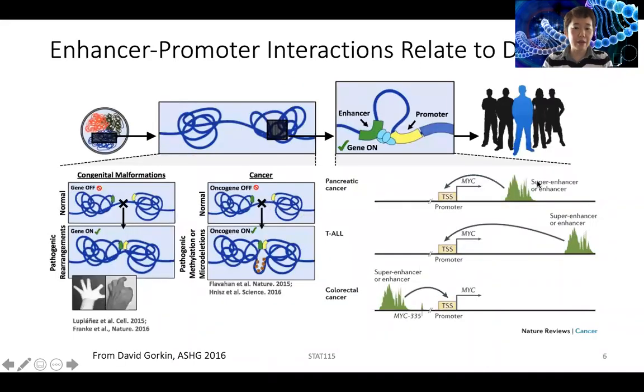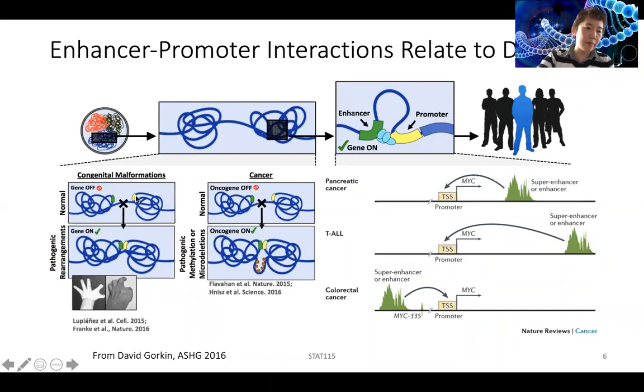There are very well-known examples where promoter-enhancer interactions are important, and when this is disrupted, it can really cause important diseases. There are published papers, for example, on the left side, where it's known that there can be some congenital malformations.